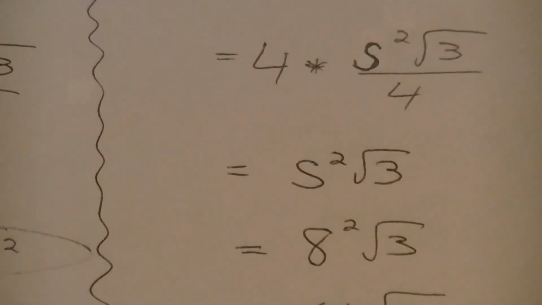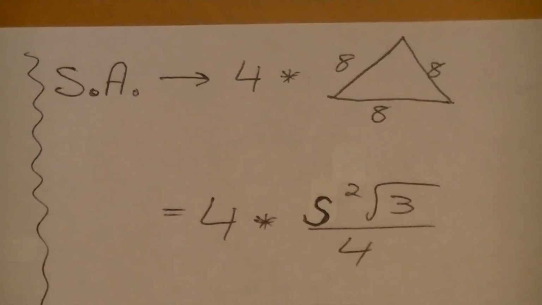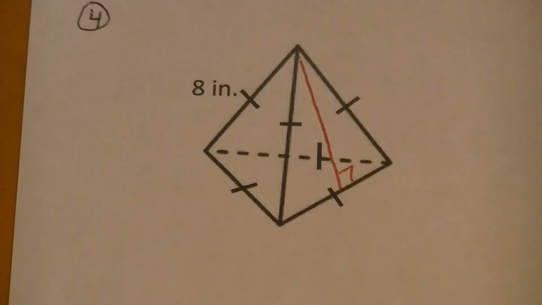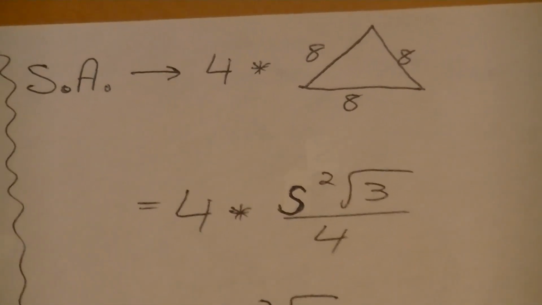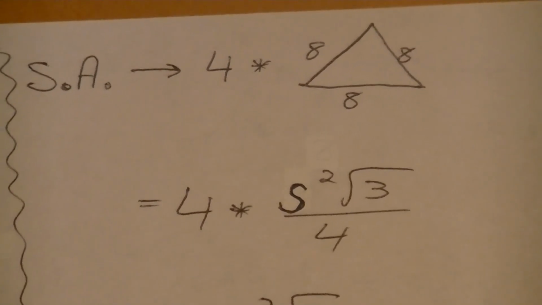And even better, look at this. Surface area would be the 4 triangles, all 4 equilateral triangles. That's what this picture is. It's just 4 congruent equilateral triangles. So why not just do side squared √3 over 4 times 4? And look what happens. Those 4's cancel.